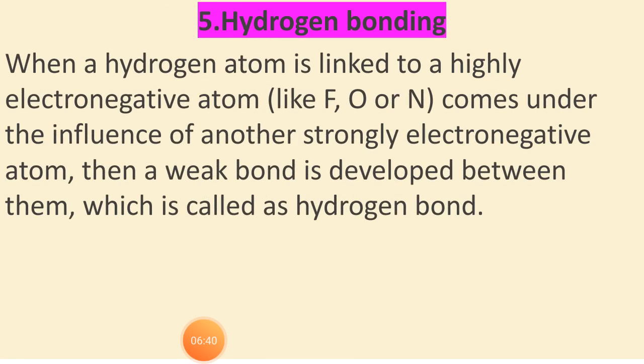So now dear students, when a hydrogen atom is linked to a highly electronegative atom such as fluorine, oxygen and nitrogen, and comes under the influence of another strongly electronegative atom, then a weak bond is developed between them, which is called a hydrogen bond. Basically, these are a type of dipolar bond.